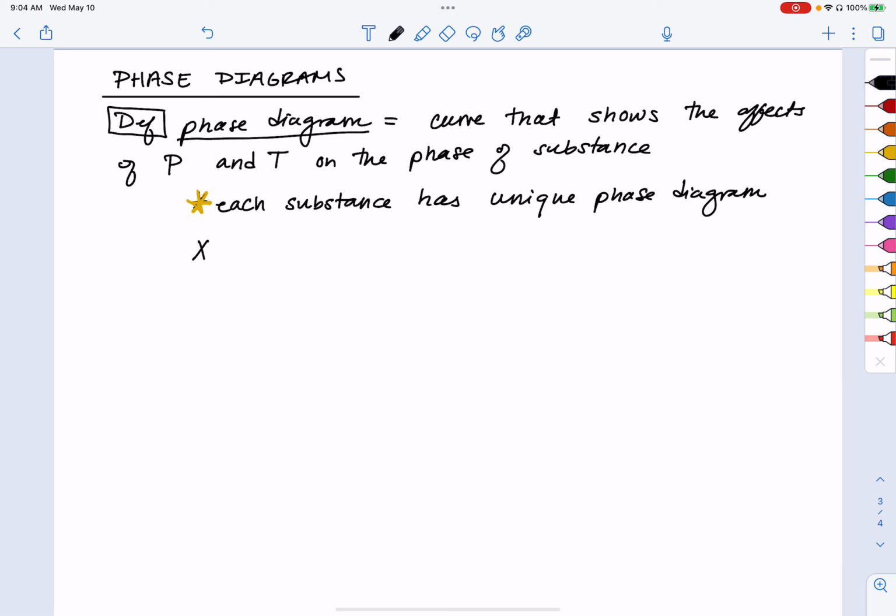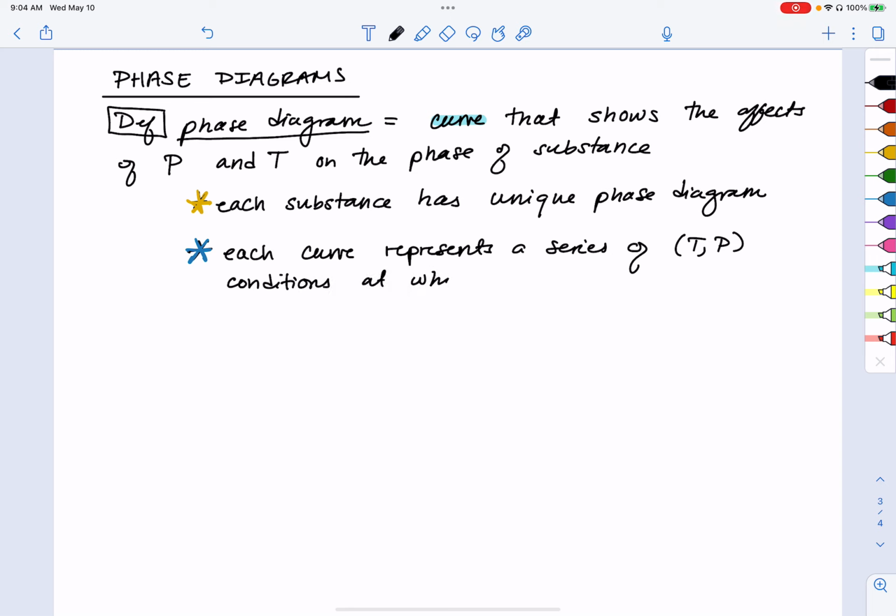And when reading a phase diagram, the curve that you're going to be looking at, like the actual line of the curve, represents a series of pressure and temperature conditions at which a phase equilibrium is established or exists.